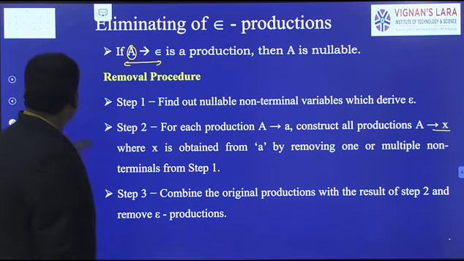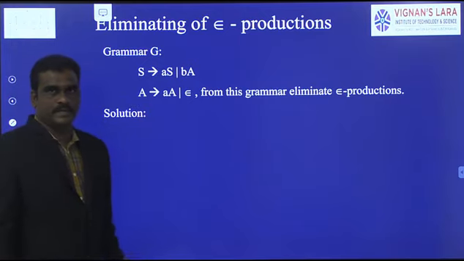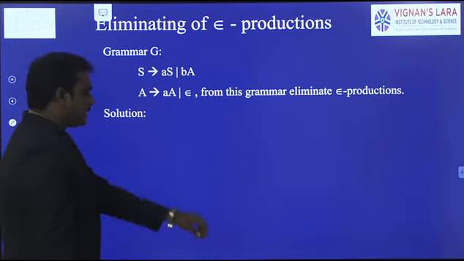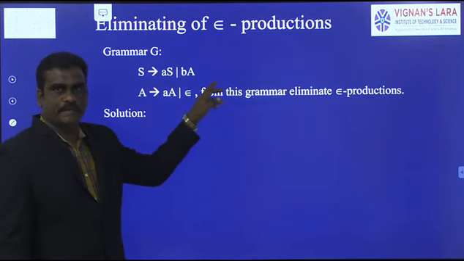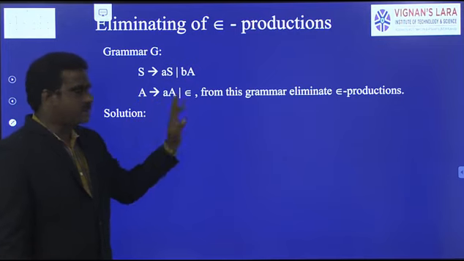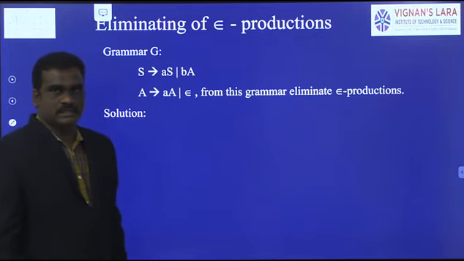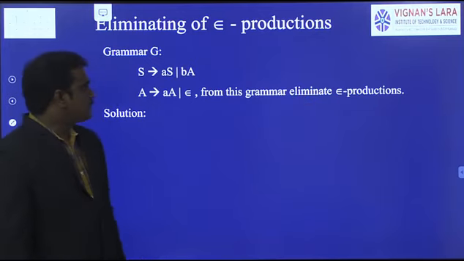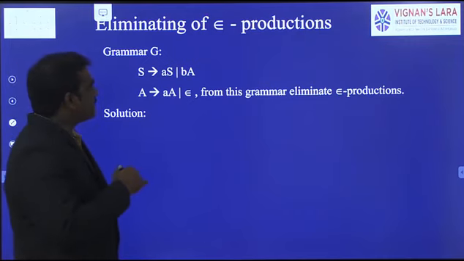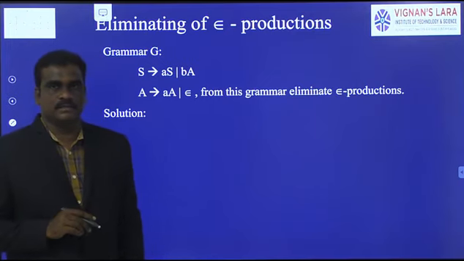Okay. So take one example. This is the given context free grammar. The given grammar is S to AS or BA, and the second production is A to AA or epsilon. So from this grammar eliminate epsilon productions. First identify the nullable productions. Does the given grammar contain any nullable productions or not? First we have to identify it.